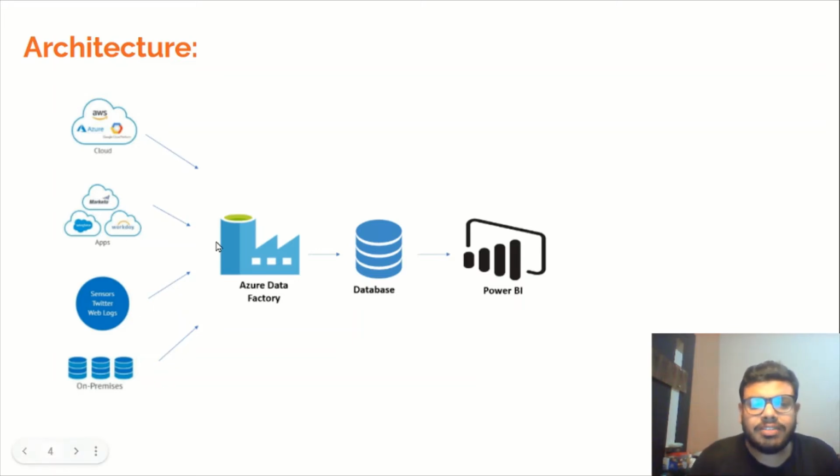Now all the data is going into Azure Data Factory, and from Azure Data Factory we are performing some operations, we are filtering the data, we are transforming the data, and finally we are dumping it into the database. Now from the database we are creating some reports, so you can get some insights from the data. That is done by the front end software, which is Power BI. So this is another use case.